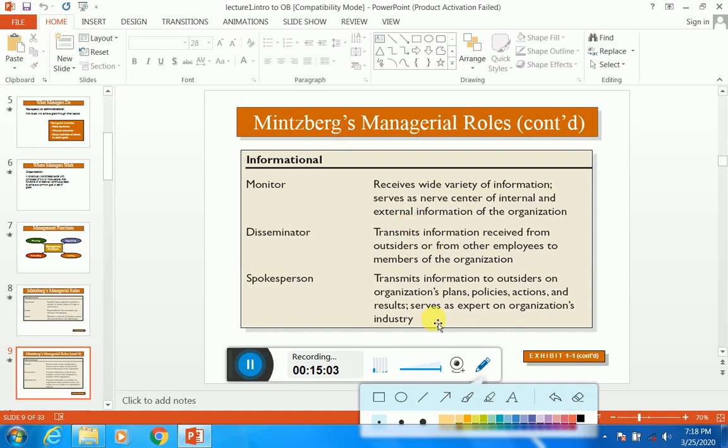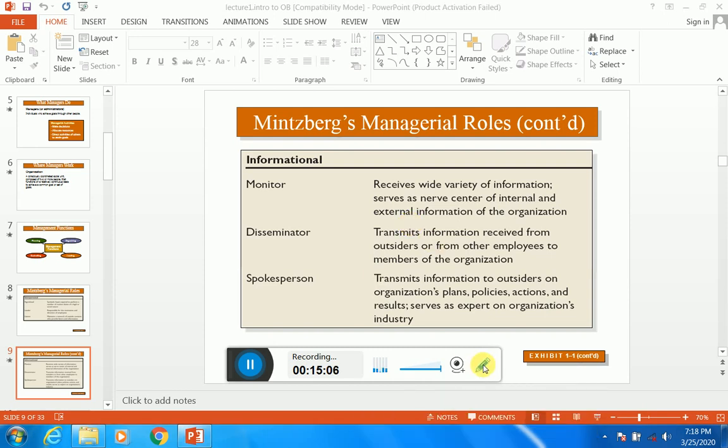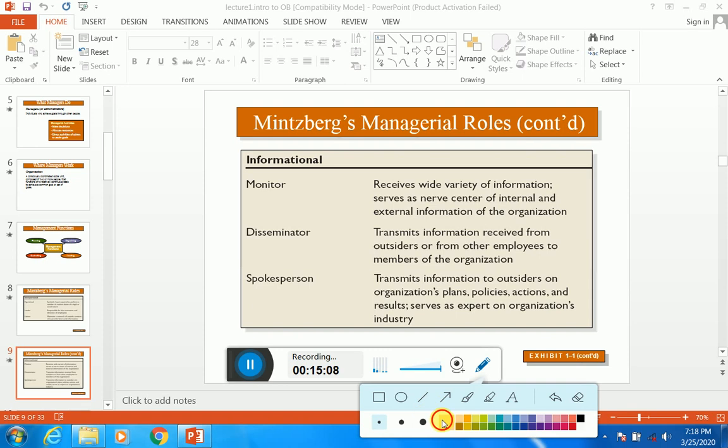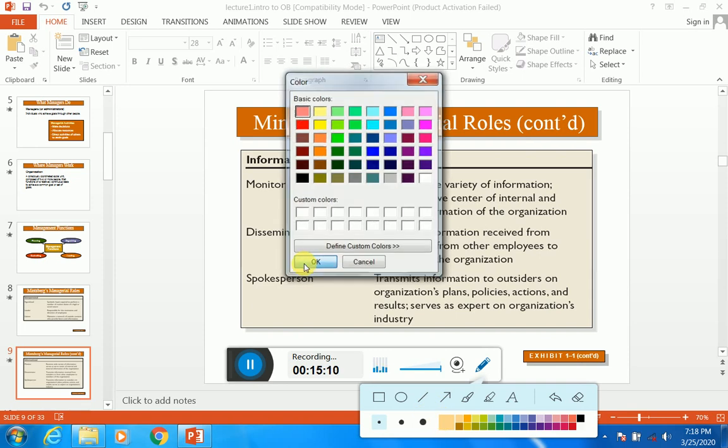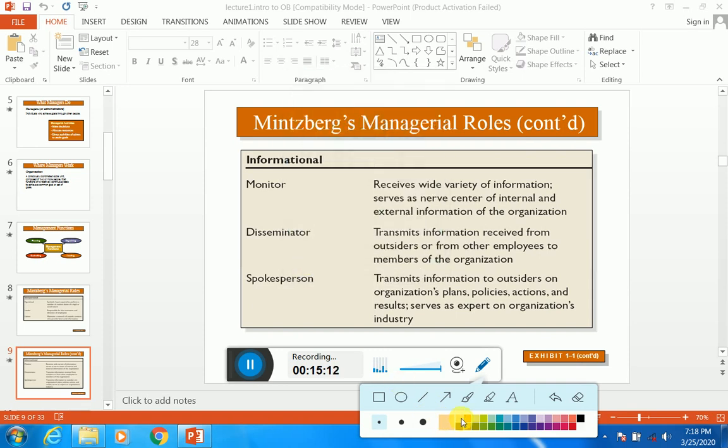After that, we have the next, which is known as your disseminator. Now, simply stated, what is disseminator? Transmit information received from outsiders or from other employees to members of the organization.